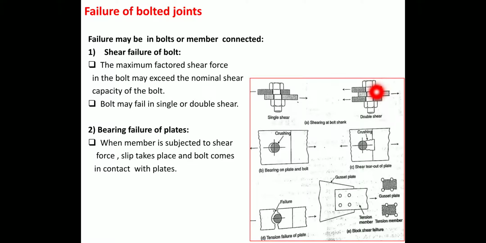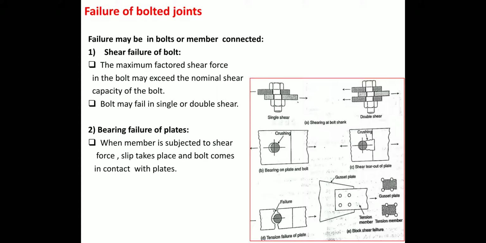Here three plates are placed and connected by this bolt. The bolt may fail in single or double shear, depending upon the situation or type of assembly which we have used.